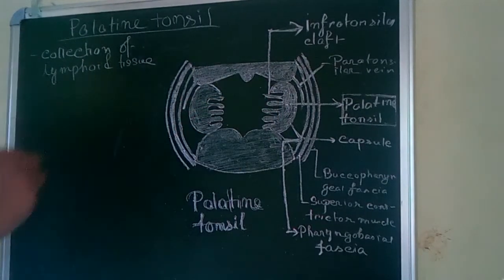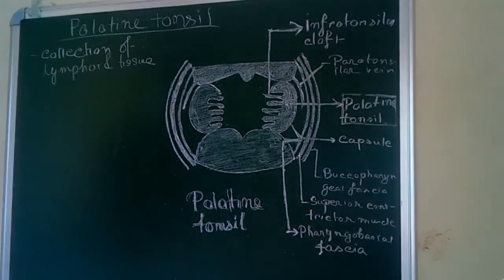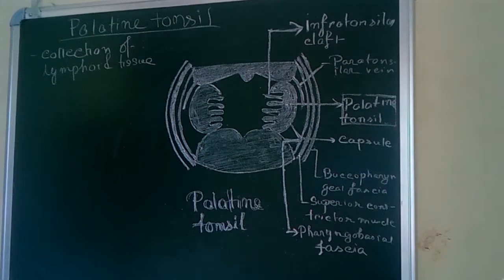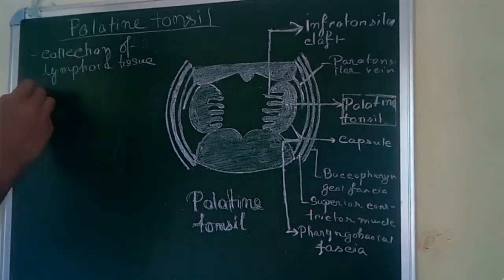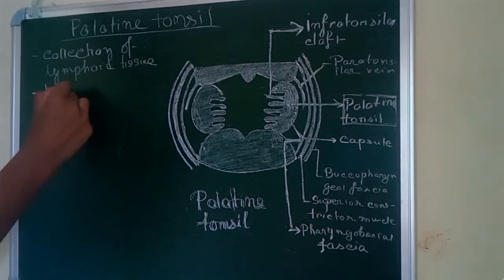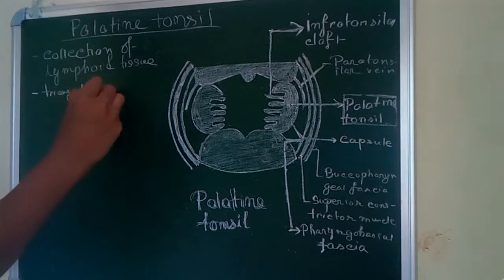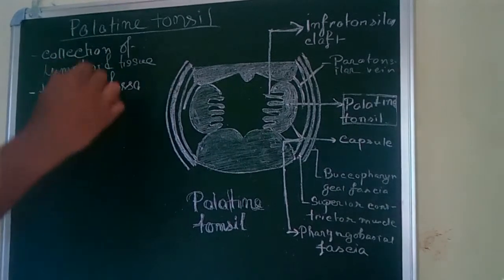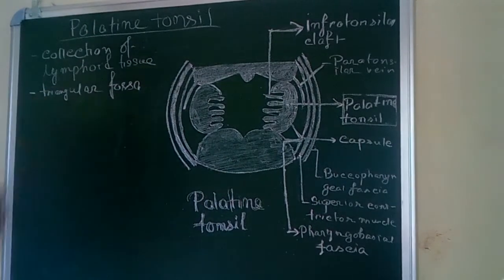So the palatine tonsil is a collection of lymphoid tissue, situated in the tonsillar fossa, one on each side, in the lateral wall of the oropharynx. The tonsillar fossa is a triangular fossa, and it has the following features.